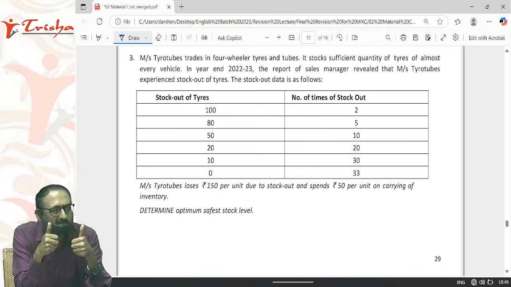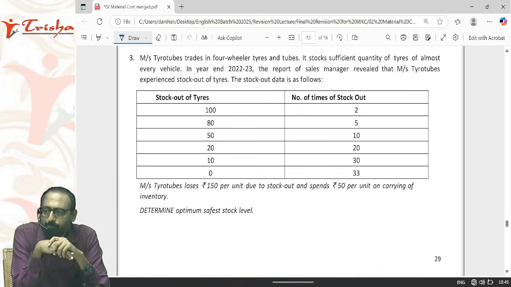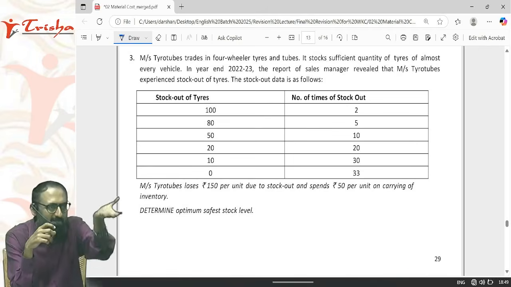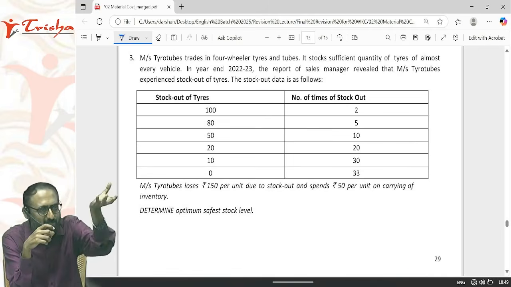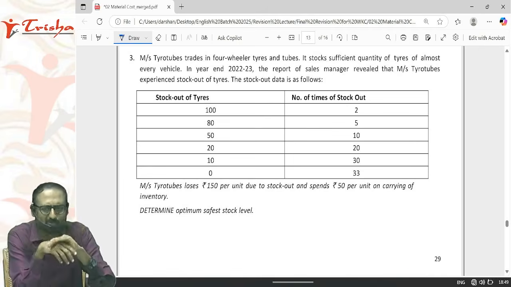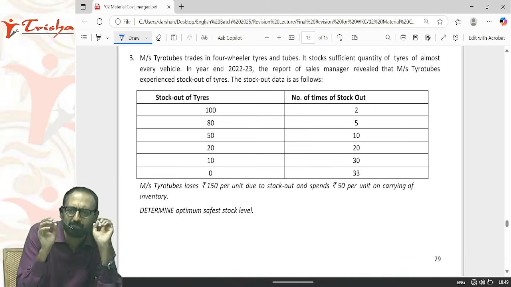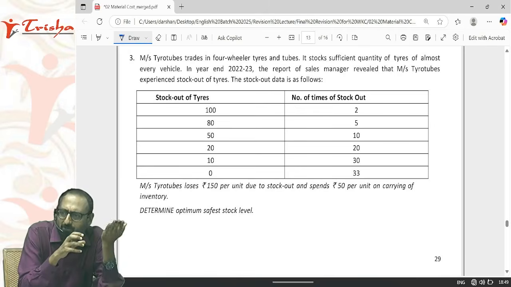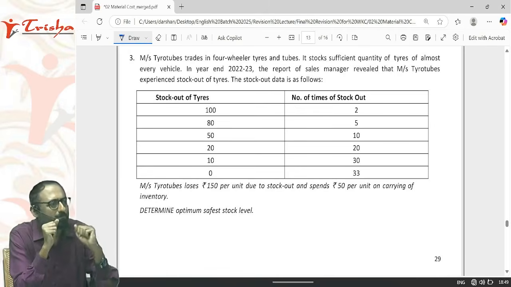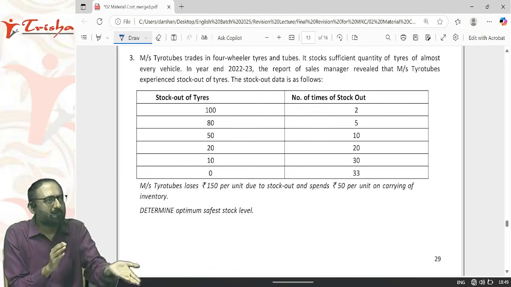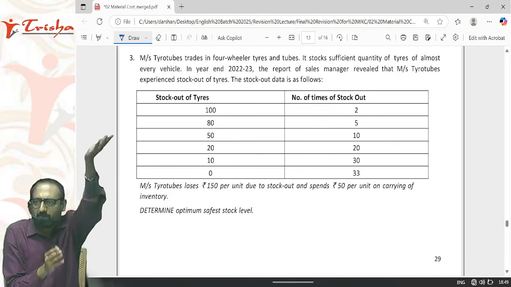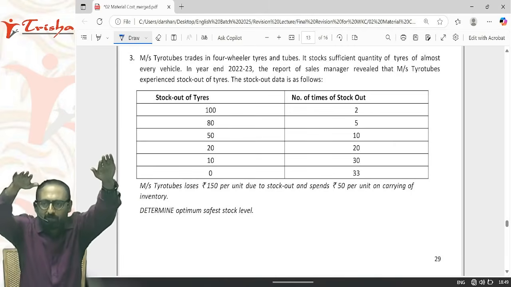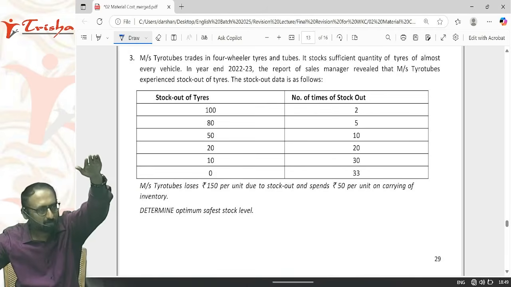If you want to avoid the stockout, what you will do? Safety stock. If you maintain the safety stock, the additional stock, then there is less chance of stockout. But the problem with safety stock is that additional carrying costs you will have to incur. If you maintain higher safety stock, carrying cost will be higher, but stockout cost will be lower.